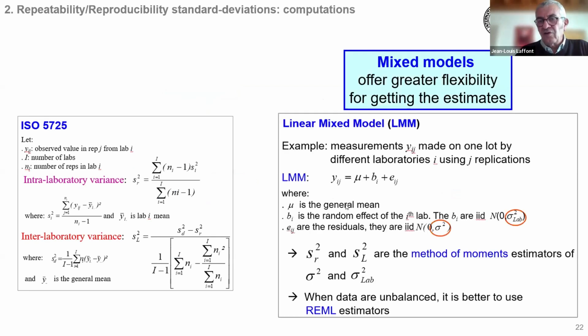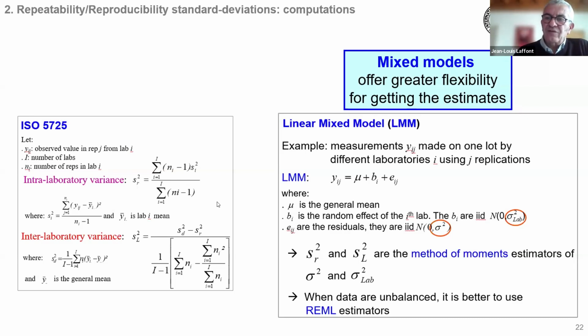It is to use the mixed model technology. This technology is implemented in many commercial software or free software like R. And we have used this technology to develop an application in R for the analysis of germination interlaboratory studies.